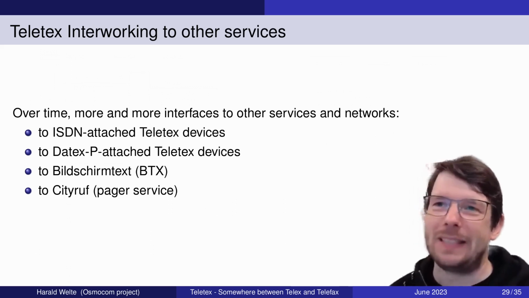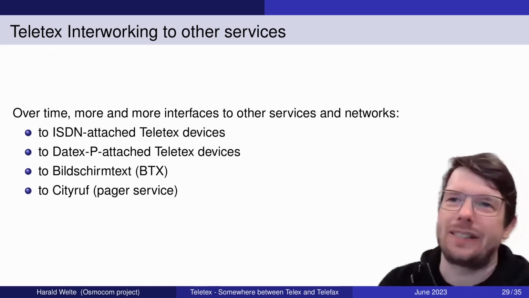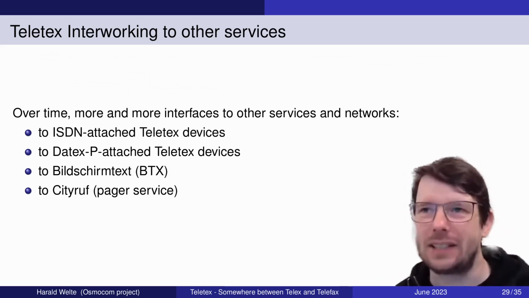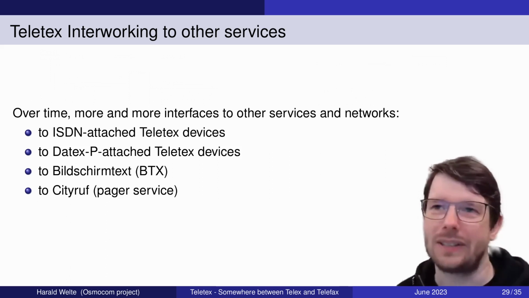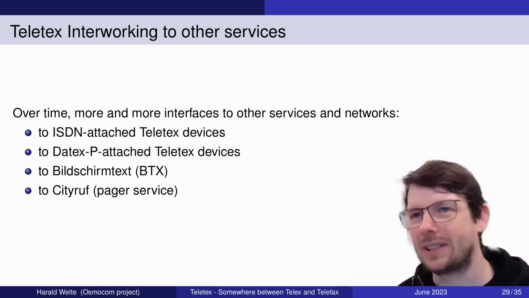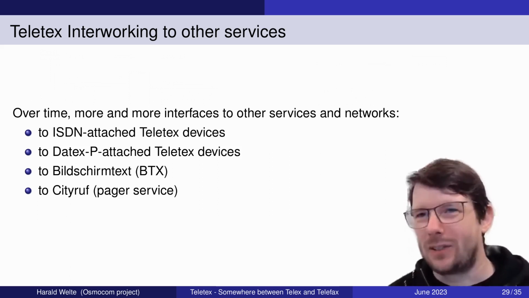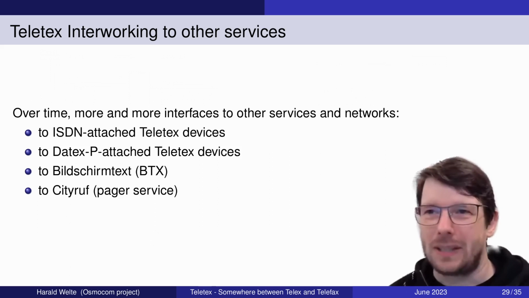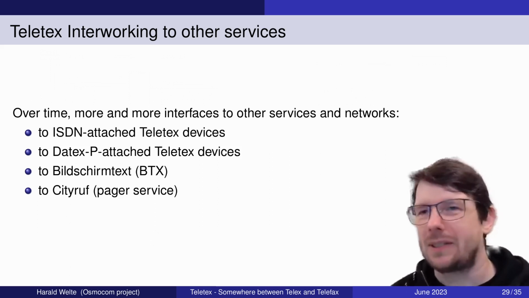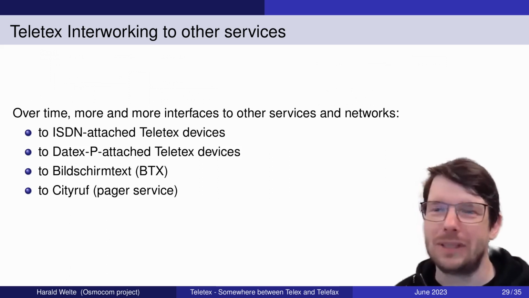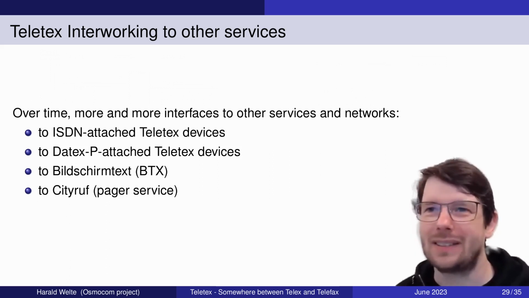Later, then there was also interworking to other services. As I mentioned, to ISDN attached teletext devices, so you could have one subscriber in the actual CSPDN and the other one attached to the ISDN, and they could talk to each other. Also, at the end, DATEX-P, the packet switched public data network, you could attach teletext to that and interface to a native teletext device. There was also a BTU, BTX teletext Umsetzer.